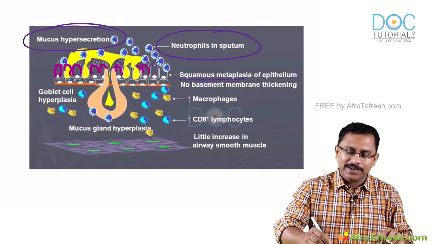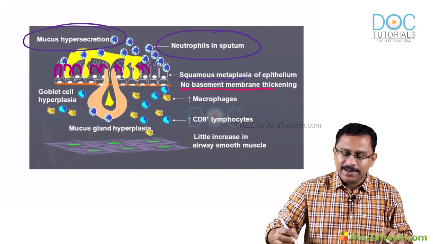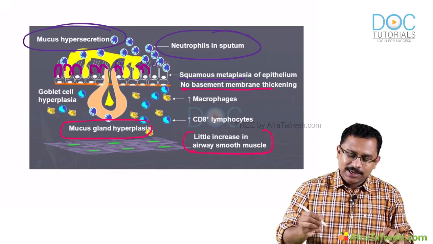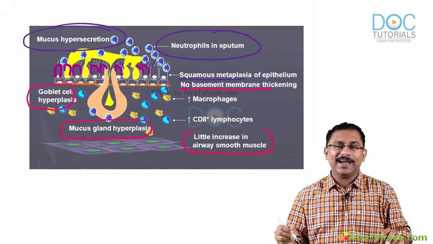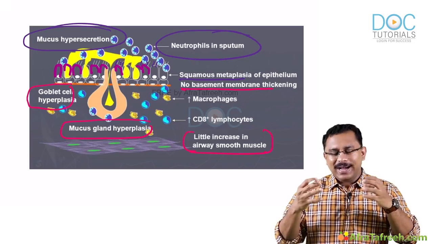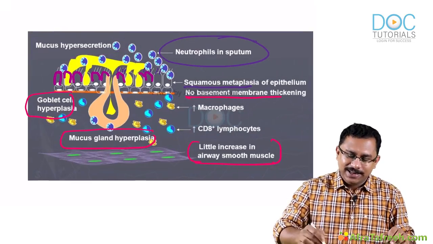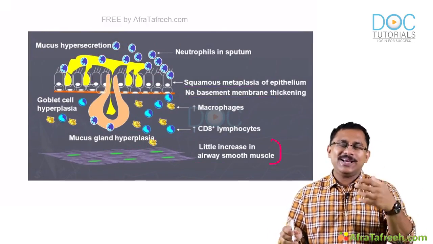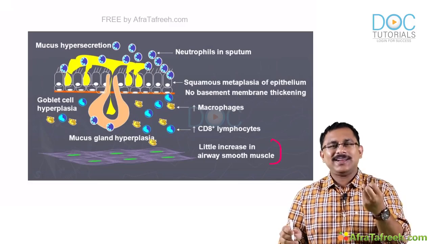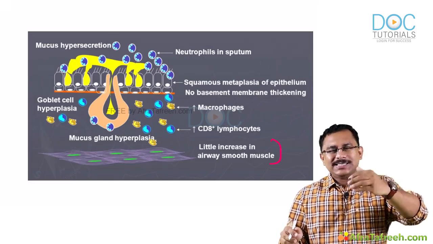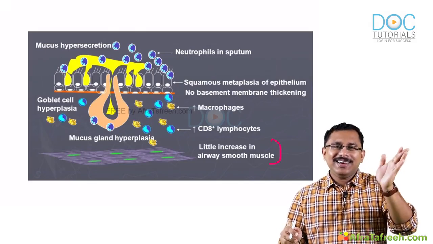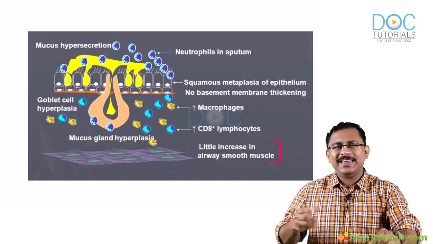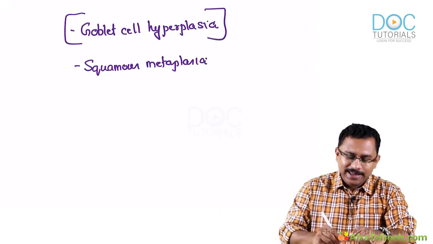There will be squamous metaplasia, no basement membrane thickening, and little increase in the airway smooth muscle. So you can see the mucus gland hyperplasia and goblet cell hyperplasia. Are you able to see something that is given in yellow? When there is ciliary damage and goblet cell hyperplasia, there is accumulation of mucus, and because the cilia are damaged, it is not able to clear off this mucus, because normally you have a very efficient mucociliary escalator mechanism.